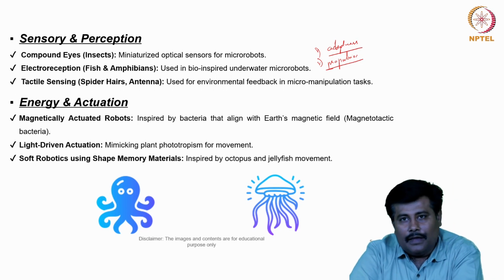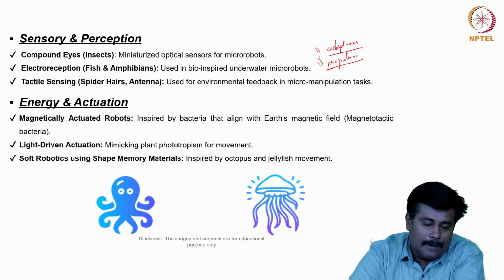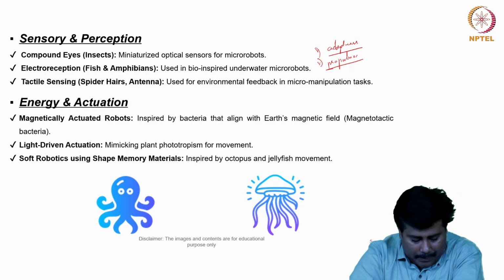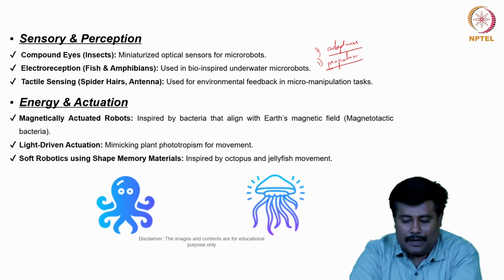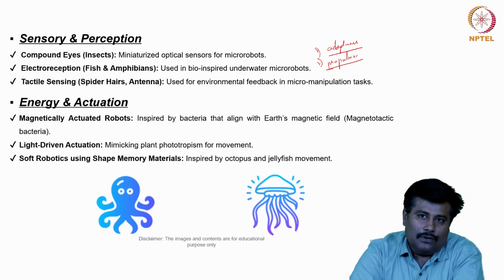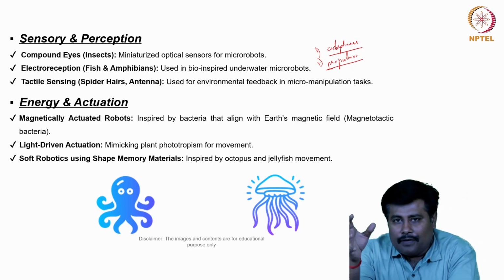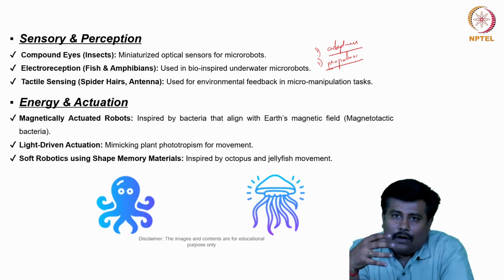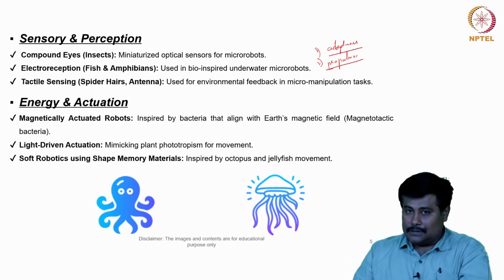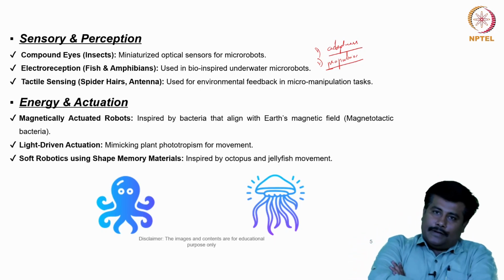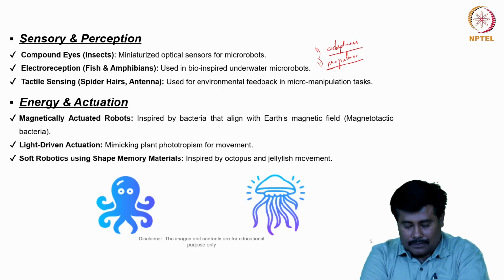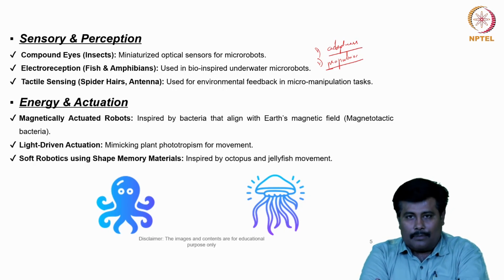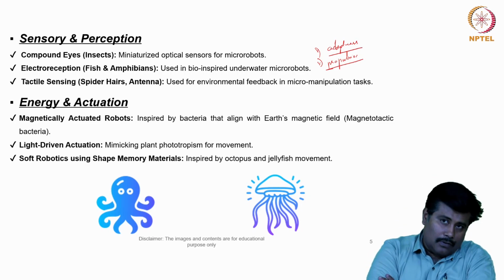Now, one of the key challenges with biomimicking micro robots is energy actuation. There are different types of energies used for actuating these robots, and we have discussed a lot about them. However, from a biomimicking point of view, it has its own aspects.